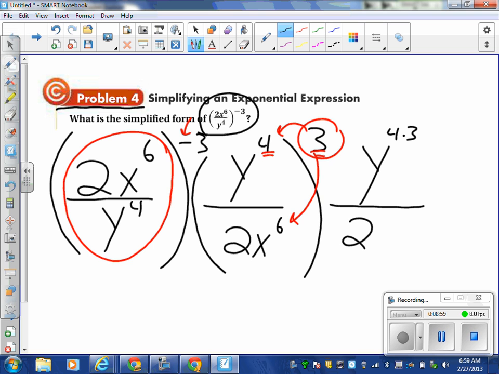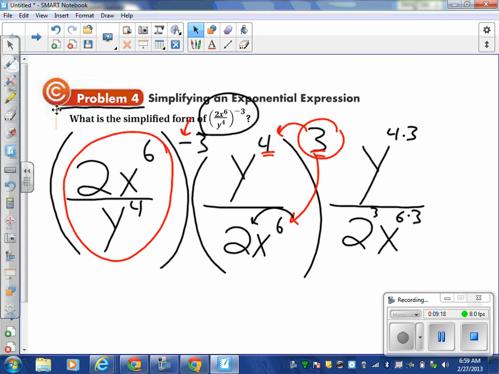That 3 also goes with that 2. So it's 2 to the 3rd power, x to the 6 times 3 for that part of the problem.